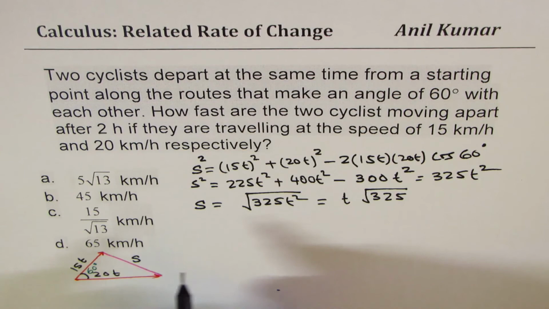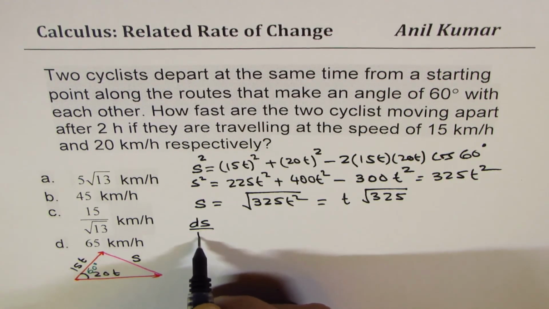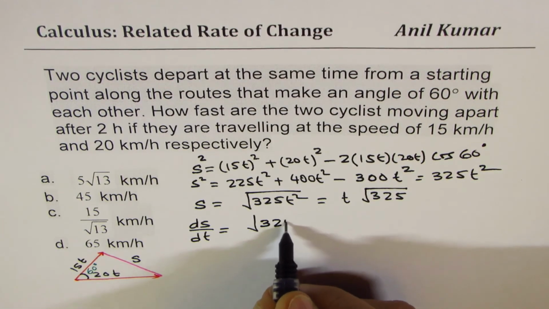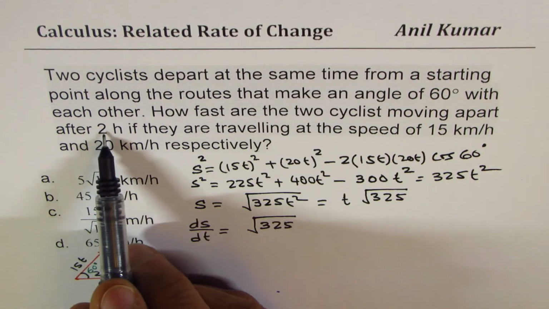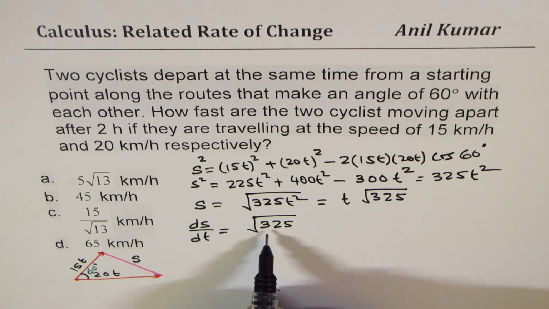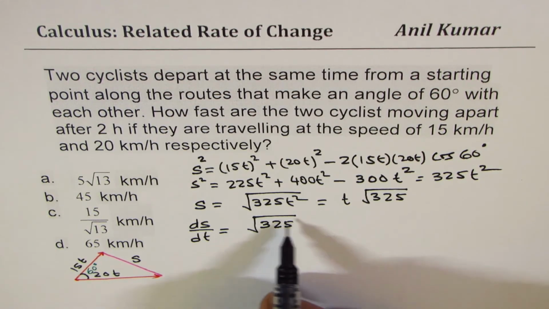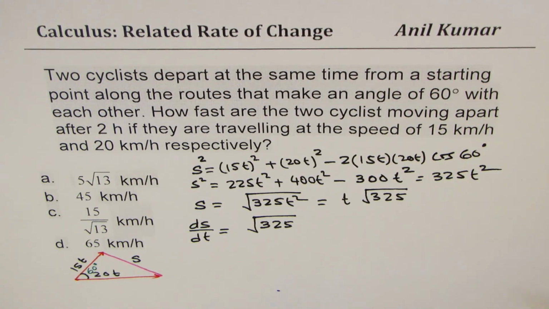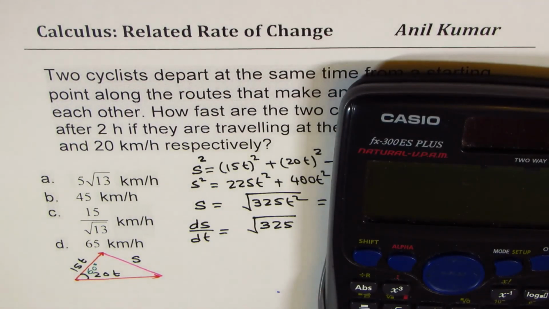Differentiate with respect to time, so we get dS by dt as equal to root of 325, correct? After 2 hours, it is going to be the same thing, which is square root of 325, since it is independent of time. So let's calculate this answer.